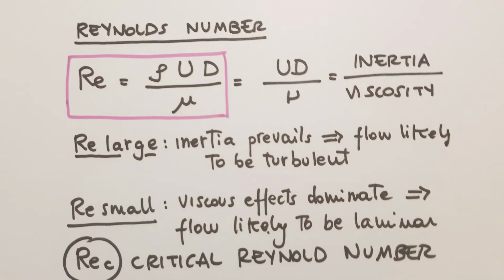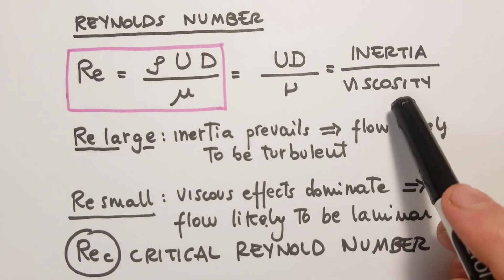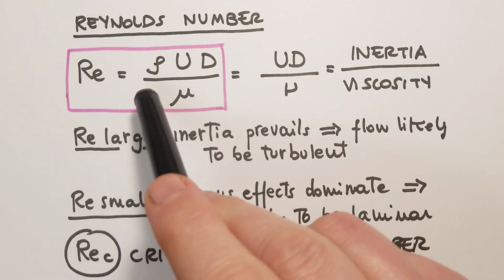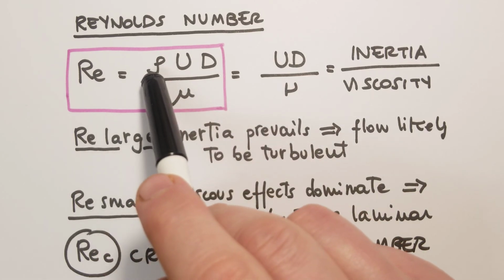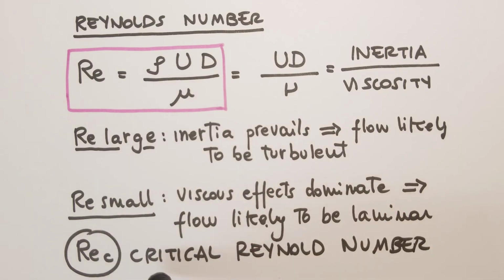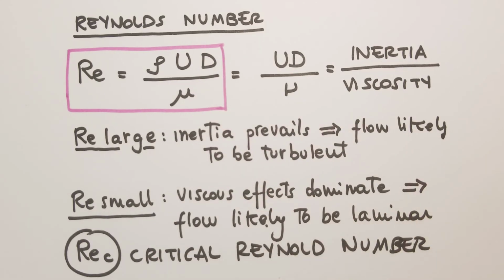And of course, we also need to remind ourselves what the Reynolds number is. Reynolds number is a non-dimensional number. It's a ratio between inertia effects and viscous effects, and is defined as the ratio between the product of density, characteristic velocity, and characteristic length divided by the dynamic viscosity.